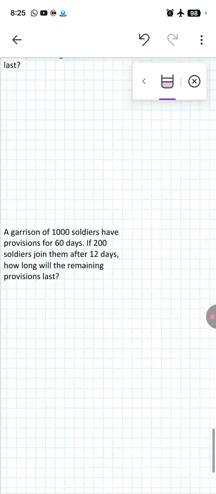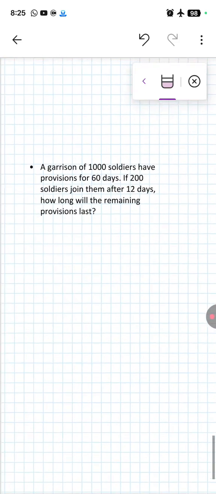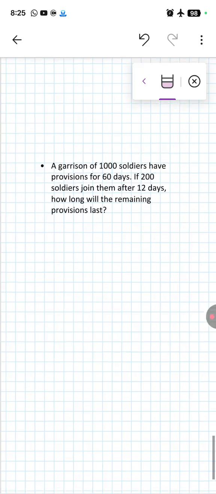So this is the second part of unitary method, in which we are going to discuss all the questions that have already been asked in basic level examination of Nepal board. So let us see the last question what is given over here.